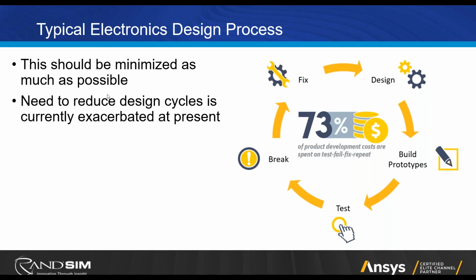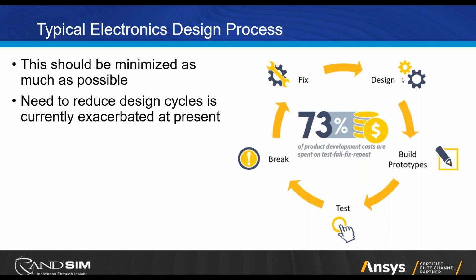So what should we do about this? How should we insulate our design from thermal failures? A traditional design cycle is as follows. You design your product, build it, test it, break it, figure out what's wrong, and then go back to the drawing board, correct?